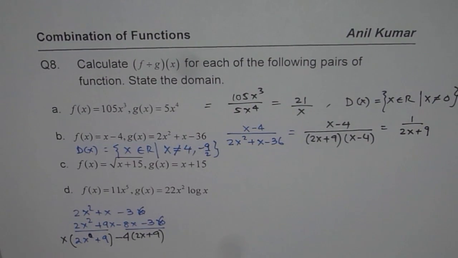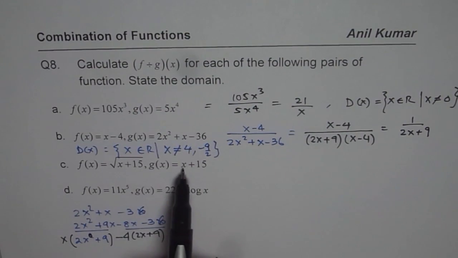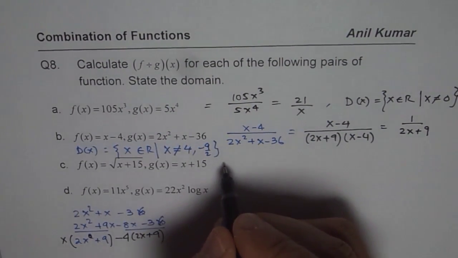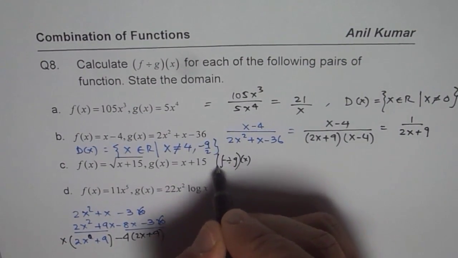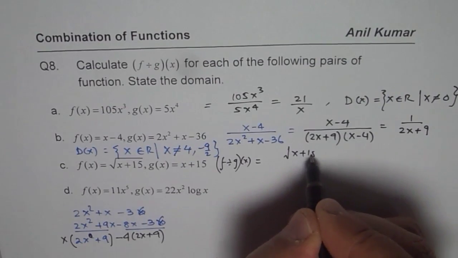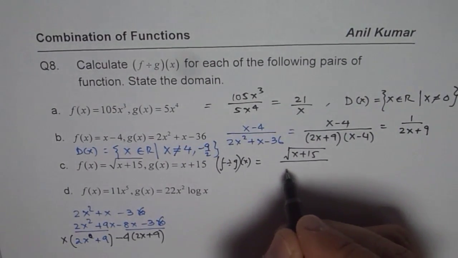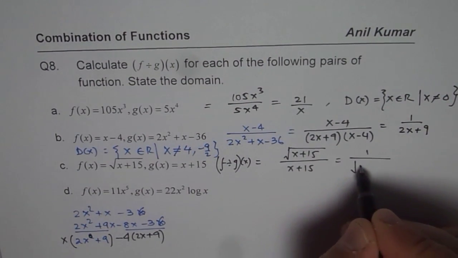Now the next function here is f of x is square root of x plus 15, g of x is x plus 15. So f divided by g of x is indeed equal to square root of x plus 15 divided by x plus 15, right? Which I could write as 1 over square root of x plus 15.